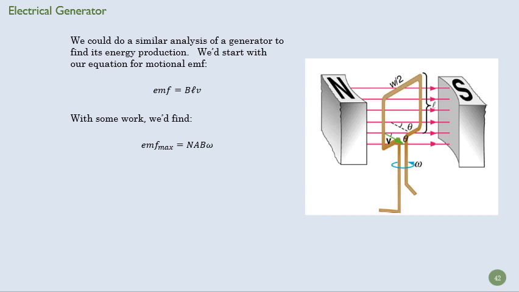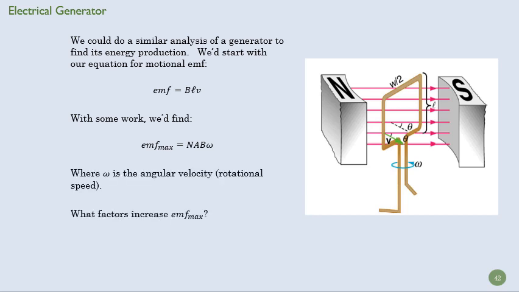And if we work that in this situation, we could come around to this equation, which says our maximum voltage has to do with the area of our loop, the number of loops, the magnetic field, and this ω, which if you remember from our rotational motion chapter back in 151, is our rotational velocity, how fast our loop is turning. That tells us what our EMF max is.